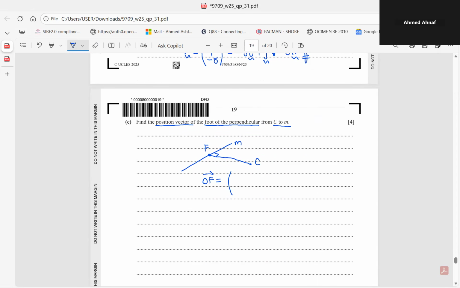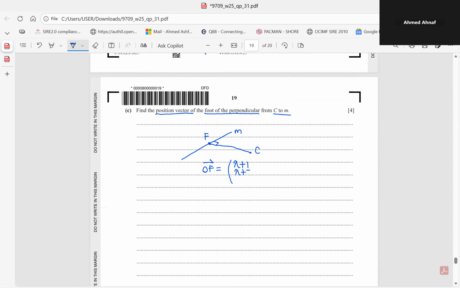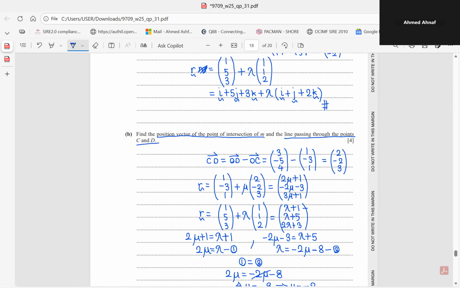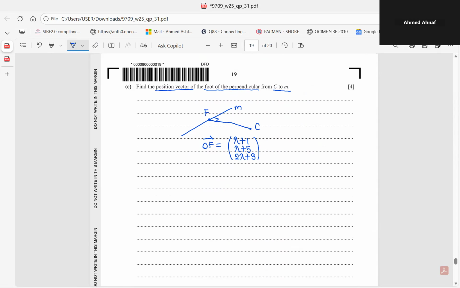So it would just be lambda plus 1, lambda plus 5, and 2 lambda plus 3. Yeah, this from the vector equation of M. So yeah. Okay, and now we are going to find this line, CF.